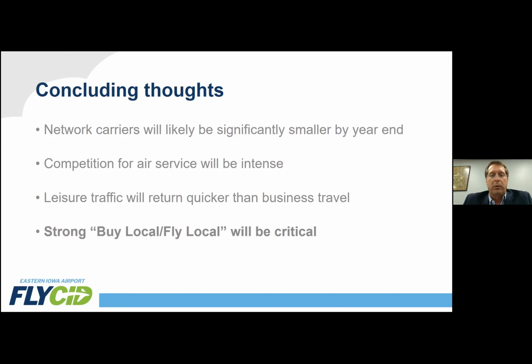Leisure traffic will return quicker than business traffic. That's true of most economic recoveries in air service. The leisure tends to come back quicker. We're certainly seeing that on many of our Allegiant flights to popular leisure destinations in Florida, and actually Vegas flights.